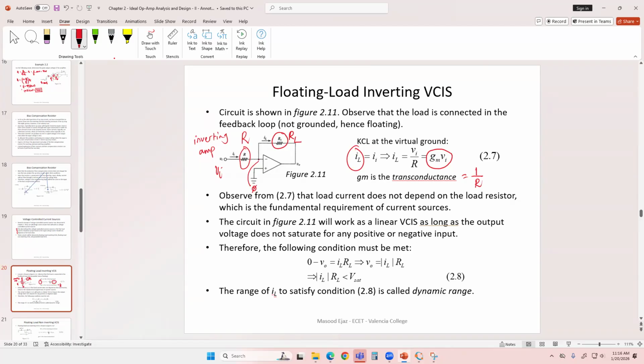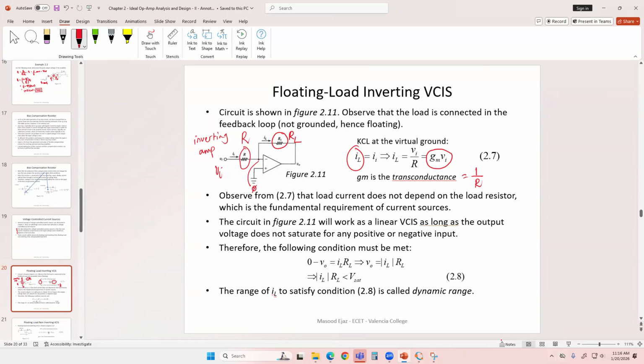The load current is 0 minus output voltage over RL using Ohm's law. 0 minus V out is equal to IL times RL, and V out will be equal to the absolute value of IL times RL.